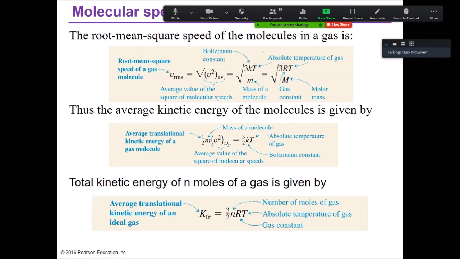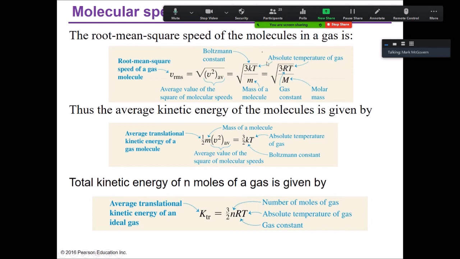That's just rearranging this expression, and it can come in one or two different forms. It can have the Boltzmann constant and the temperature in there, or you can convert this, like we said earlier in the class, right? You can throw in Avogadro's number, and when you do that, this mass becomes a molar mass, which in this case would be kilograms per mole. And then R is the gas constant, right?